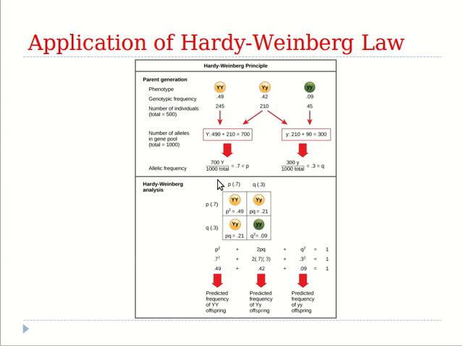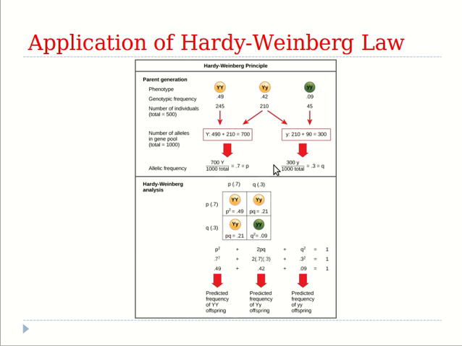When we have to find the allelic frequency, out of 1000, 700 plus 300, 700 is dominant. So the dominant allele frequency is 700 by 1000, which makes 0.7, and the recessive allele frequency is 300 by 1000, that is 0.3.